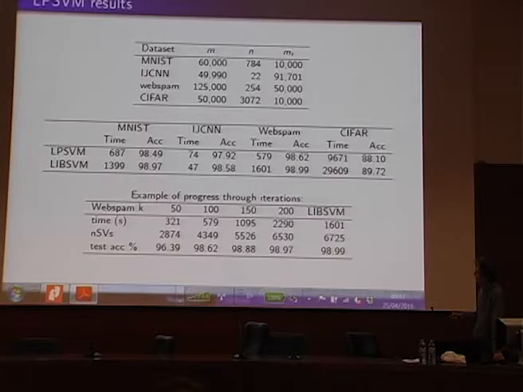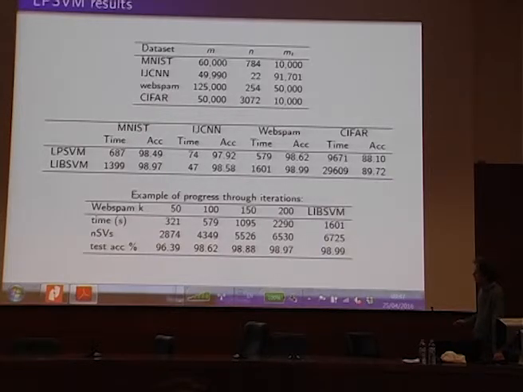But this is just to take one of those, this web spam data, and show how the progress through iterations occurs. So as I said, these are examples with 100 iterations. So this 579 corresponds to this 579 here, and this is the accuracy, 98.62. This is the number of support vectors, so you can see how they're increasing compared to the number of support vectors of the libSVM. So this is a very much more manageable number.